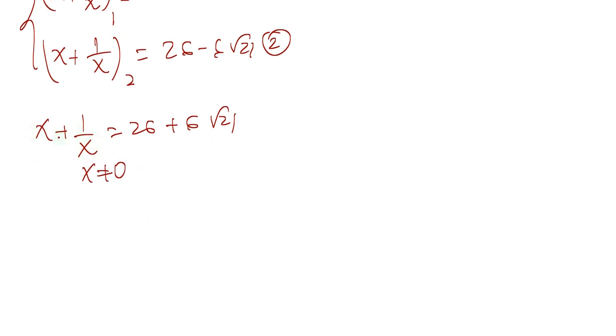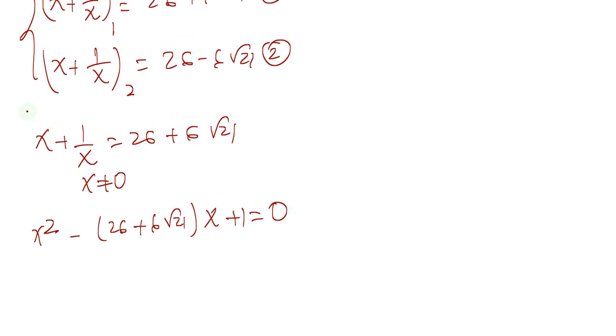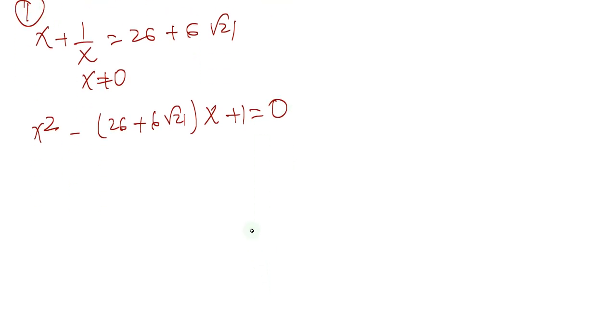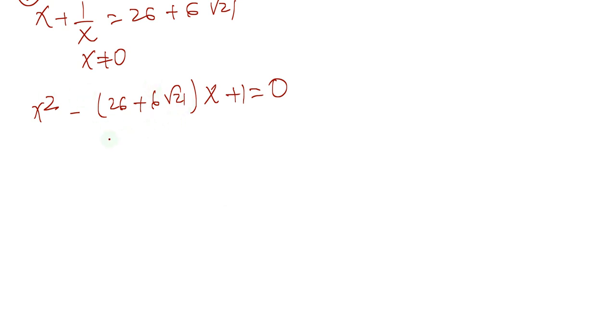So cross multiplication, x squared, x will multiply this term here, bringing this, we're going to have minus 26 plus 6 square root of 21, which multiplies x, plus 1 equals 0. Remember, we're solving the first one here, right? So guys, this is just a quadratic equation, right?